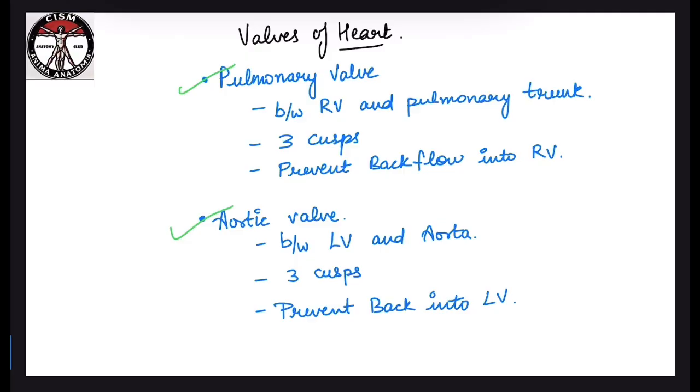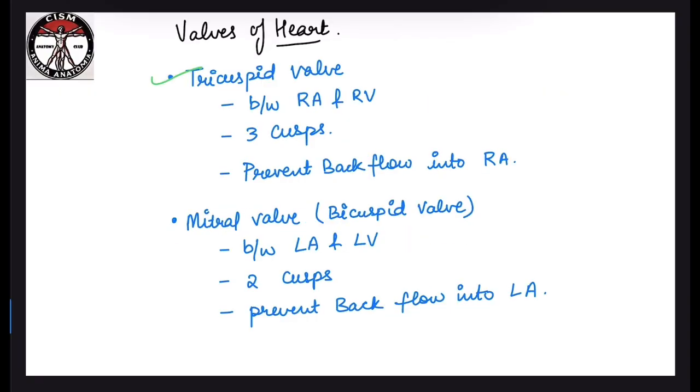The reason behind this name is their shape. Whereas the tricuspid and the bicuspid, which is the mitral valve, are the atrioventricular valves. The reason behind the name is that they are in between the atrium and the ventricle.